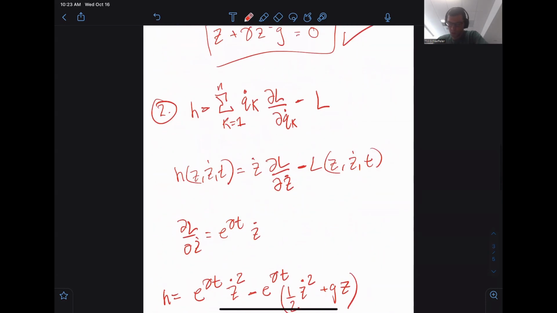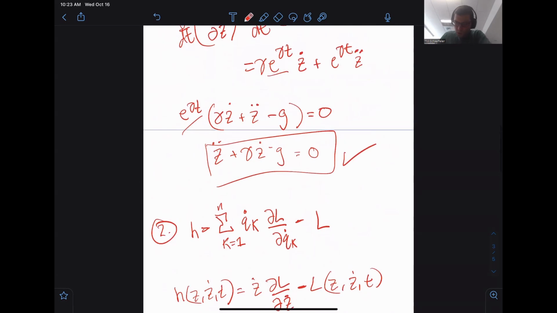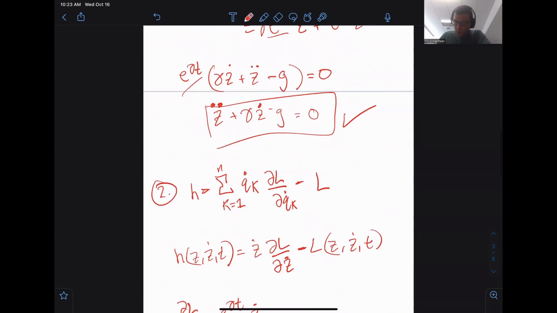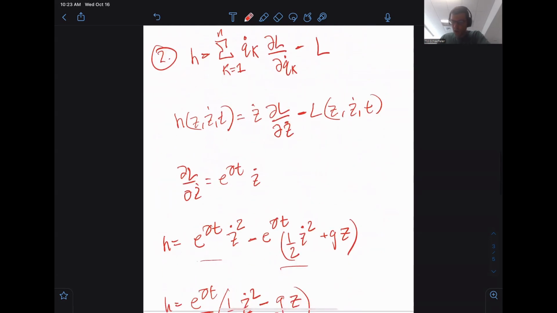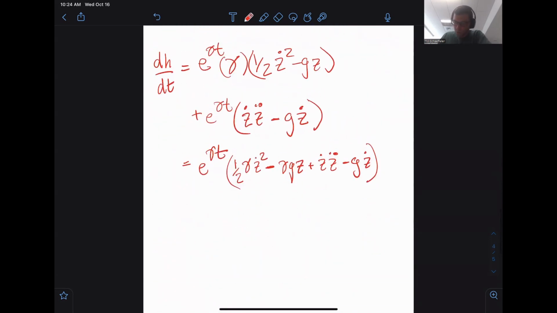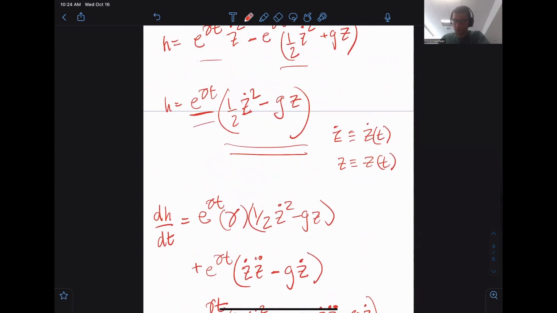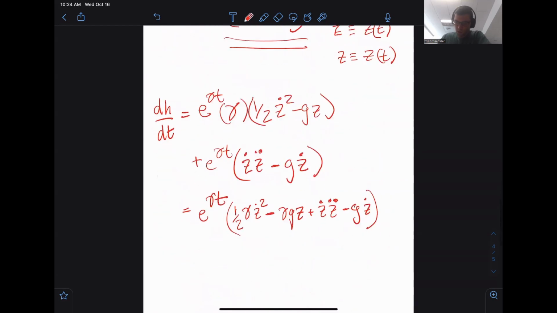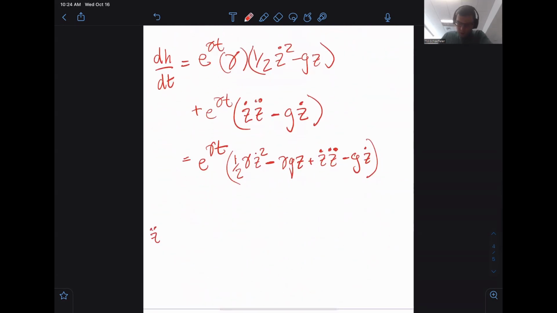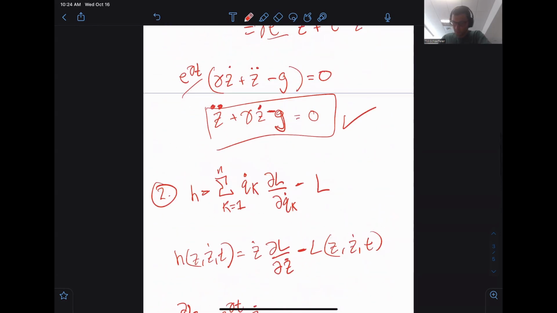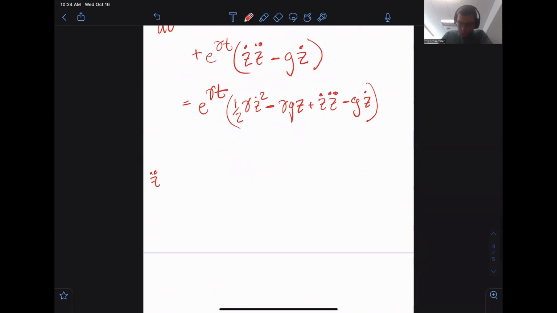Now the key is that we want to try and use this equation of motion that we found in part 1 in here so we can get rid of some of these terms. So I'm going to rewrite this equation of motion down here. z double dot plus gamma z dot minus g.